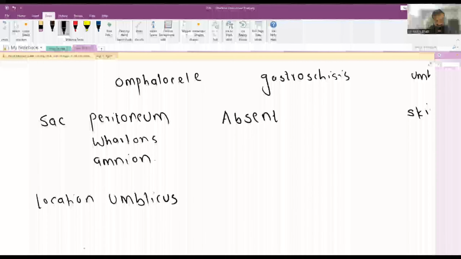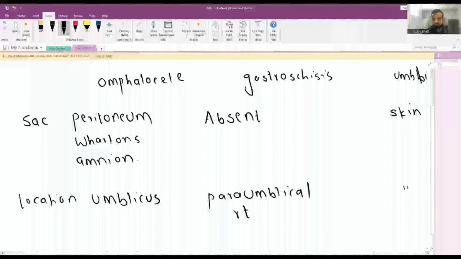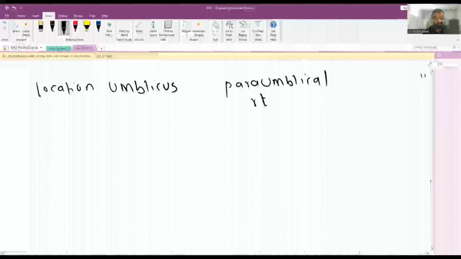In gastroschisis, usually there is bulging in the right-sided para-umbilical area, and the umbilicus has intact skin. In umbilical hernia there is also intact skin.